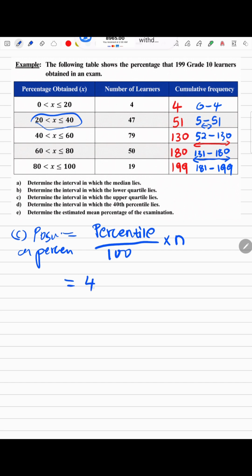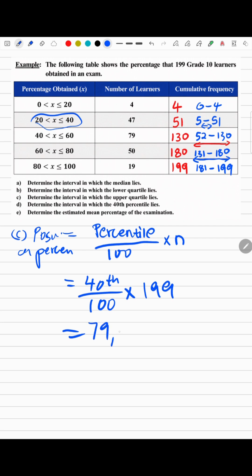So here we're looking for the 40th percentile over 100 times the number of learners here, which is 199. Then let's press the calculator. When we press the calculator, we get 79,6.